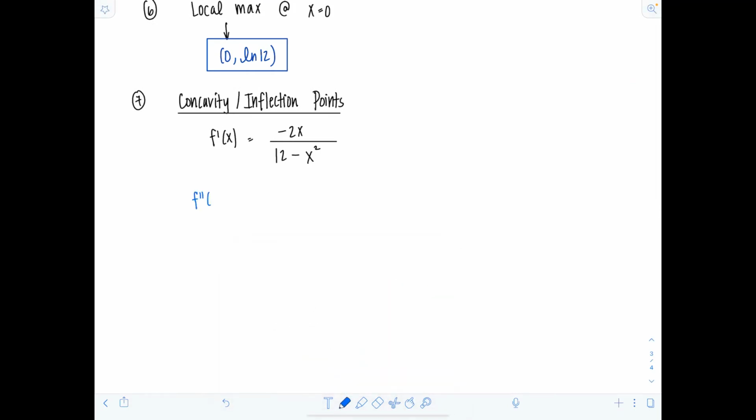It's quotient rule time. Do you sing the song? We've got low, d high, derivative of the numerator is negative 2, minus high, d low, so derivative of the denominator, that's negative 2x, square the bottom, away you go. 12 minus x squared squared.